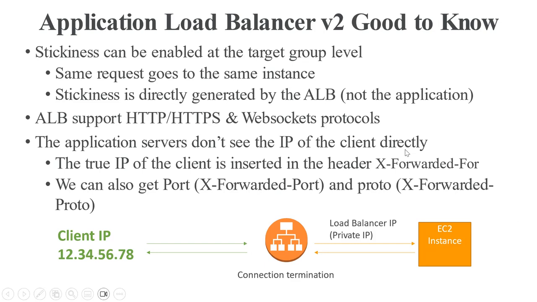The application team uses it; we don't need to worry about it, but just understand the concepts. The EC2 instances don't get the client IPs directly. The connection is terminated at the load balancer, which uses its private IP internally to connect to the EC2 instance.